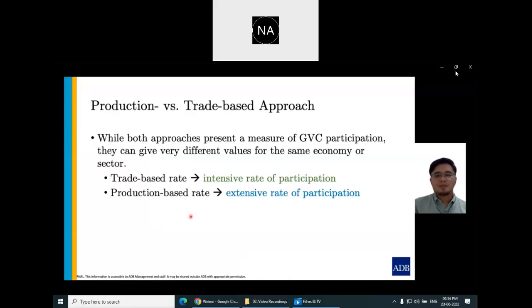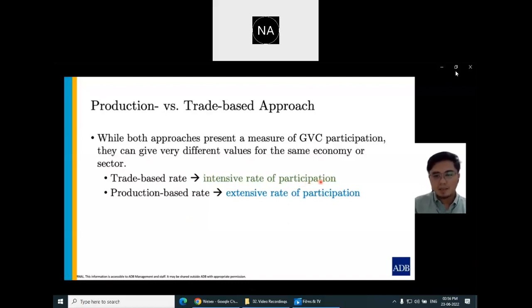Now, while both approaches present a measure of GBC participation, they can give very different values for the same economy or the same sector. Now, the trade-based rate can be thought of as the intensive rate of participation.